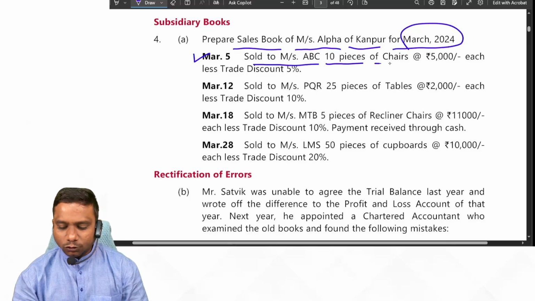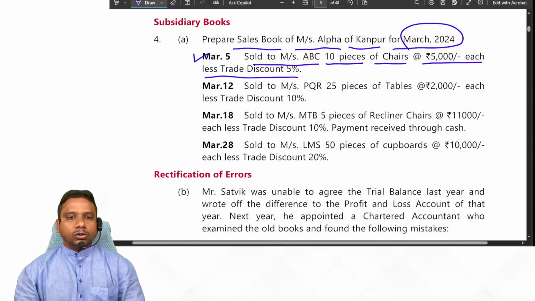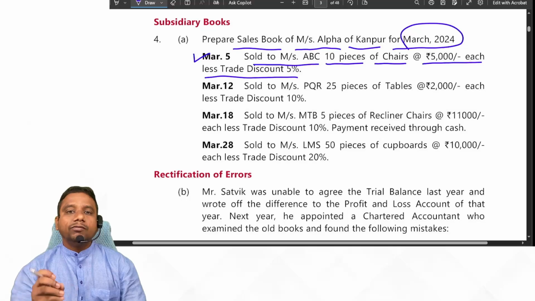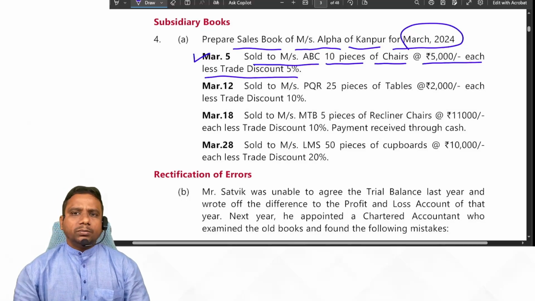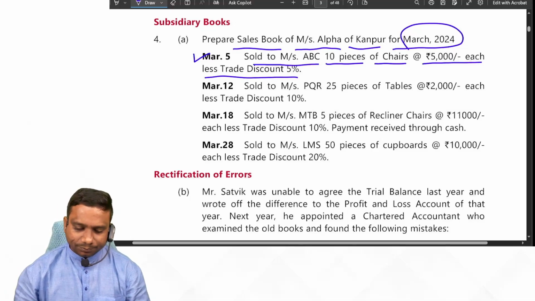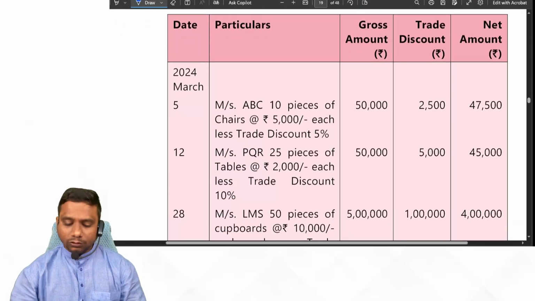ABC 10 pieces of chairs, 5,000 each, less trade discount 5%. First, how many pieces have we sold? 10. 10 into 5,000 is 50,000. 50,000 minus 5%, that is 2,500, is deducted, and the remaining amount is shown in the outer column.